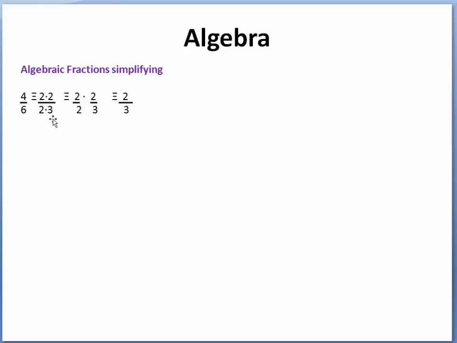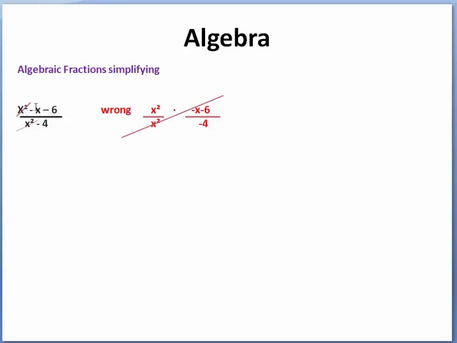So this is the method we're going to follow. When we simplify algebraic fractions, we have one term on the top, one term on the bottom, then we can simplify, and common factors we can cancel, to give us our answer.